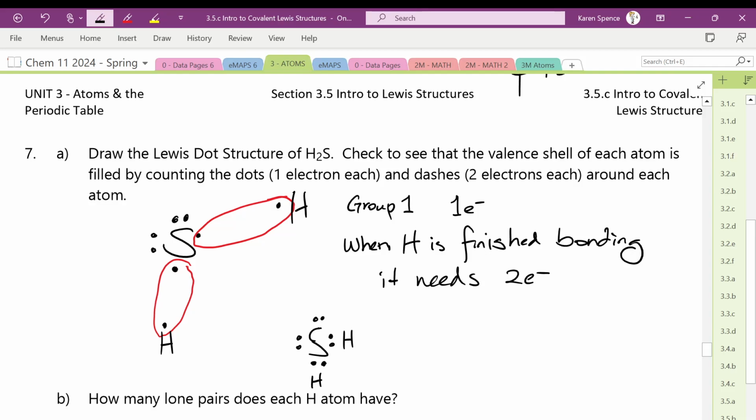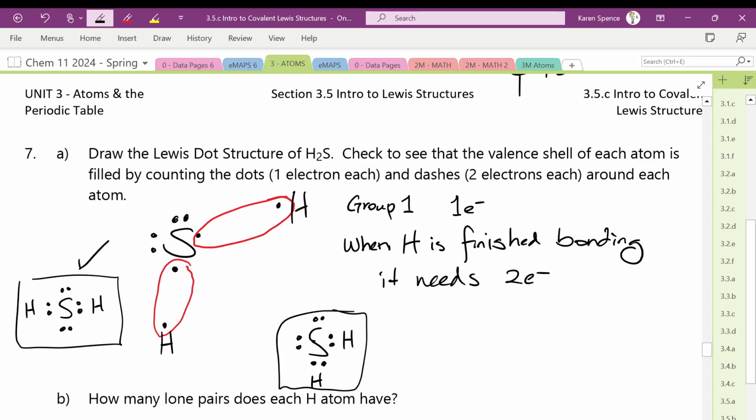Does it matter if the hydrogens go on the side and the bottom, or would it be okay if I drew the hydrogens one on each side? Is this an okay structure? Yes, that's fine. Then we're going to redraw that with lines.